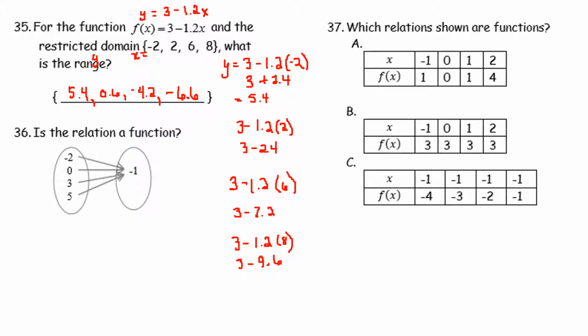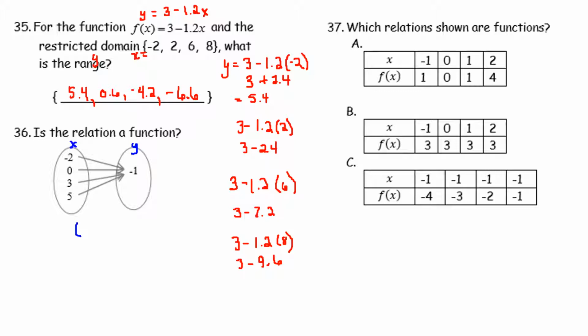Number 36, is the relation a function? So right here we've got a map, and we're trying to figure out, is it a function? So we know that if the x's repeat, it's not a function. So let's look at what we know. This side are the x values. These are our y's.